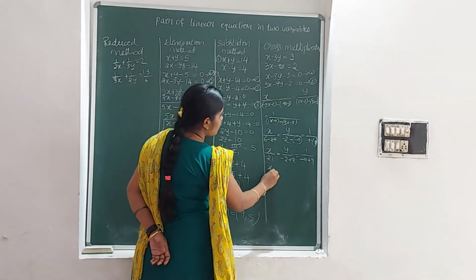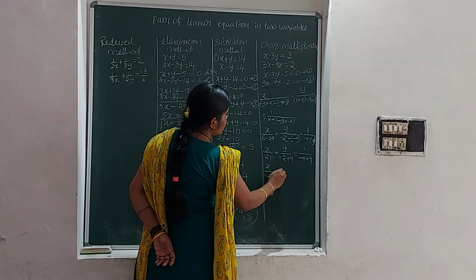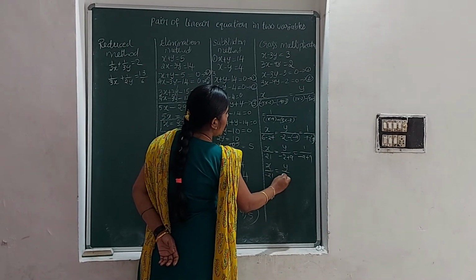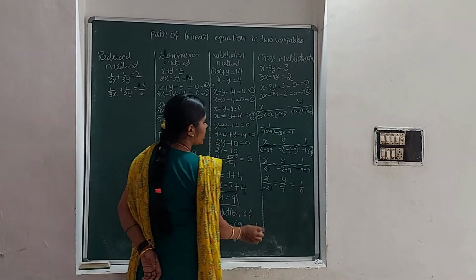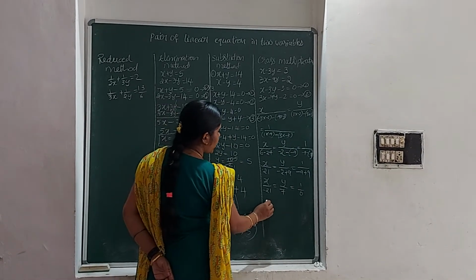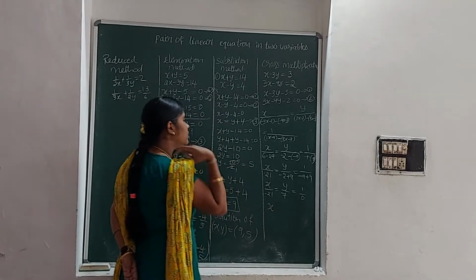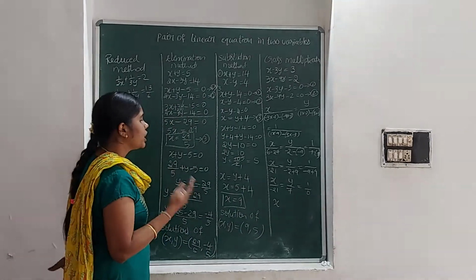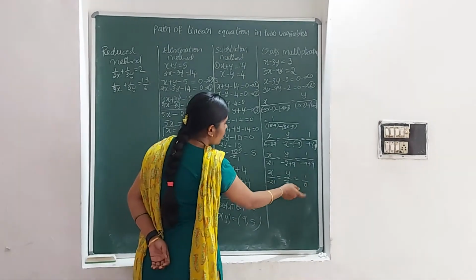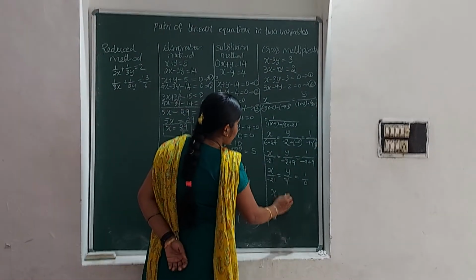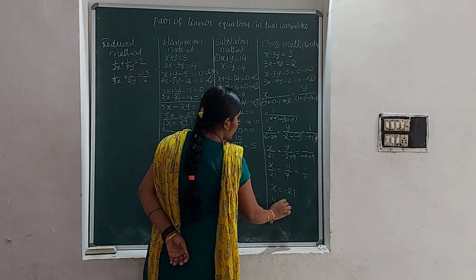Okay, so x divided by minus 21 is equal to y divided by plus 7, and here 1 divided by 0 you are getting. And now what we have to write: the x and y solutions we have to equate to the constant term. Here 1 by 0 we got it. So directly we can write x as minus 21, y as 7.